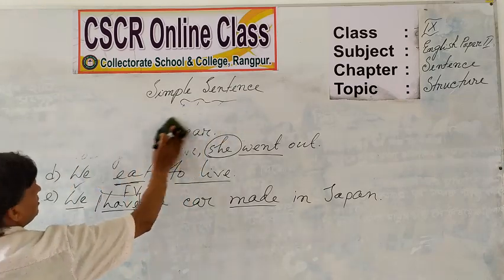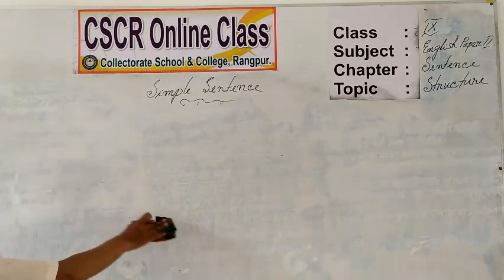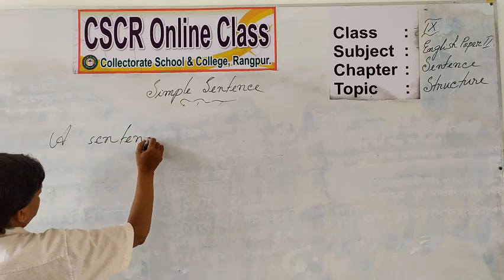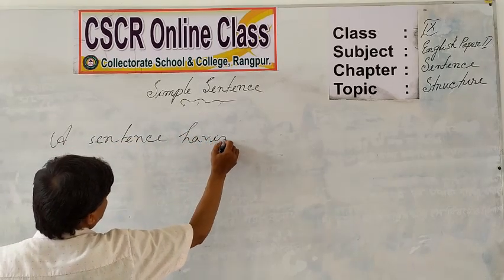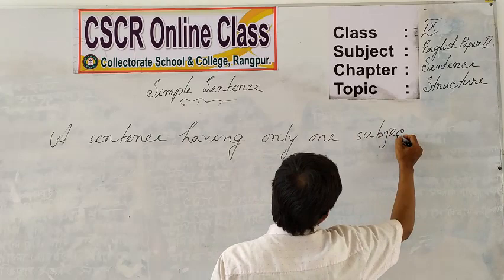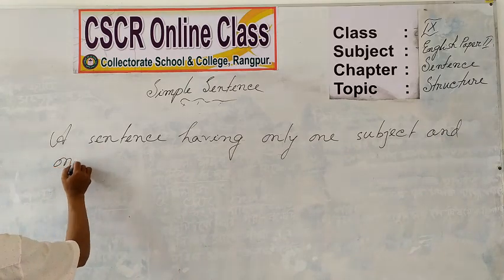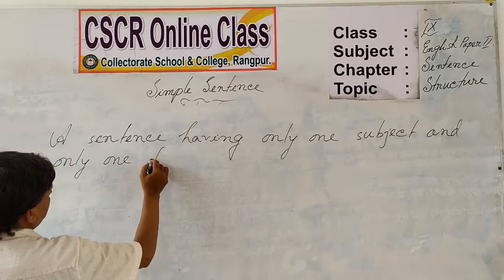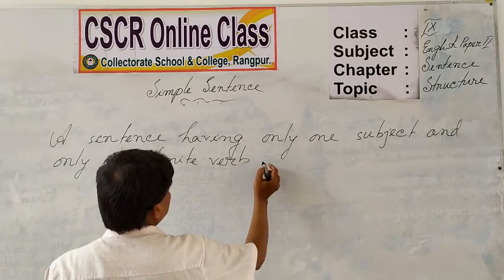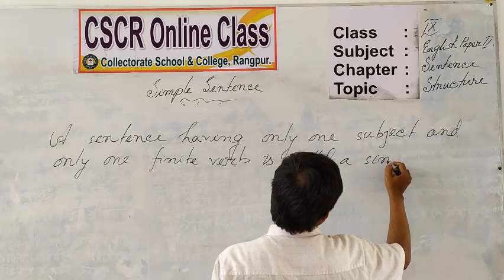Dear students, note down the definition of simple sentence. A sentence having only one subject and only one finite verb is called a simple sentence.